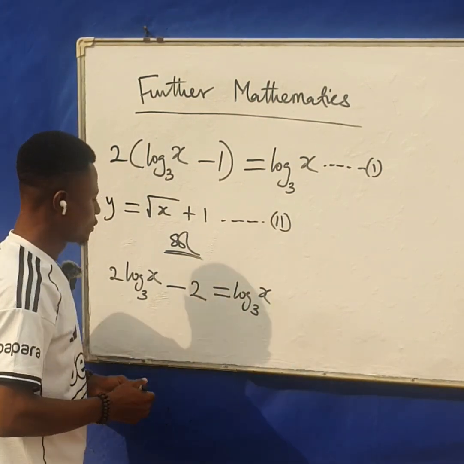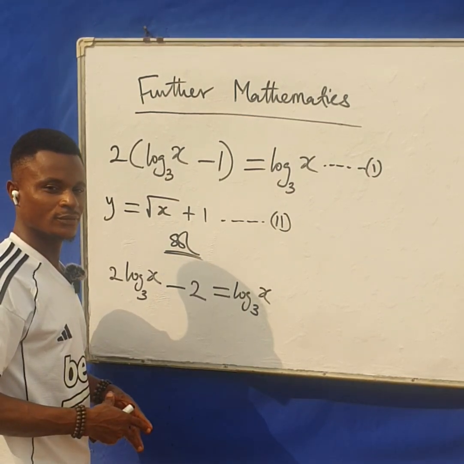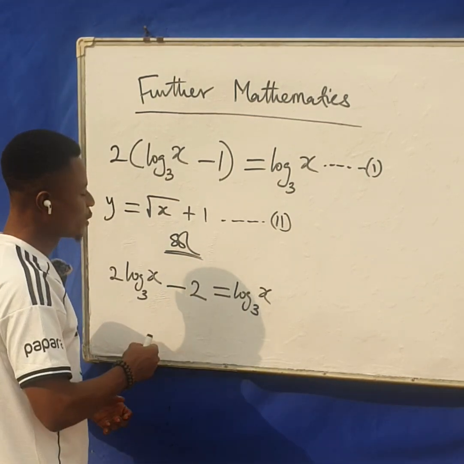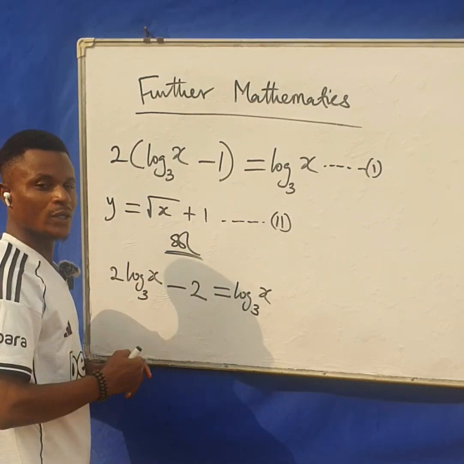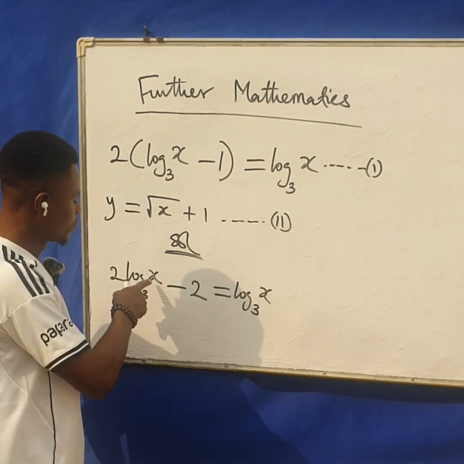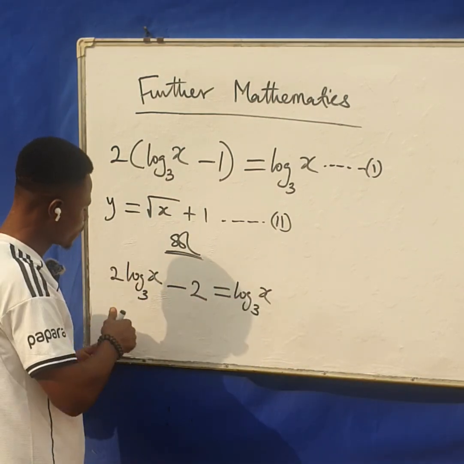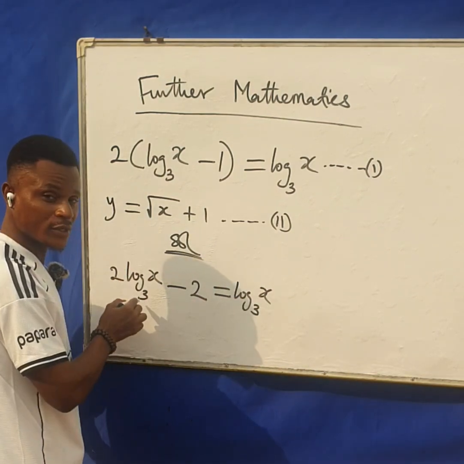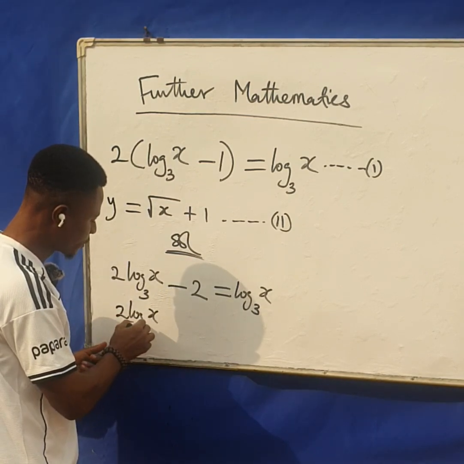Now, the next thing to do is to collect like terms. The one that has log x base 3 will move to one side of the equation, while the one that doesn't have log x base 3 will go to the other side. Now, this one contains log x base 3, so we write it down, which is 2 log x base 3.